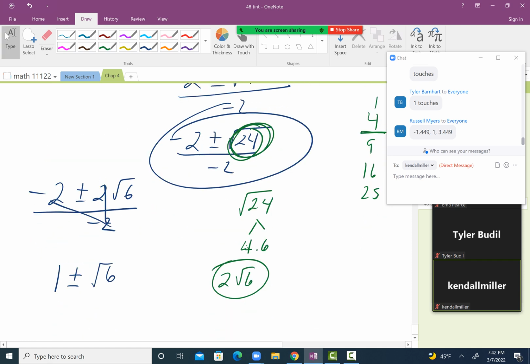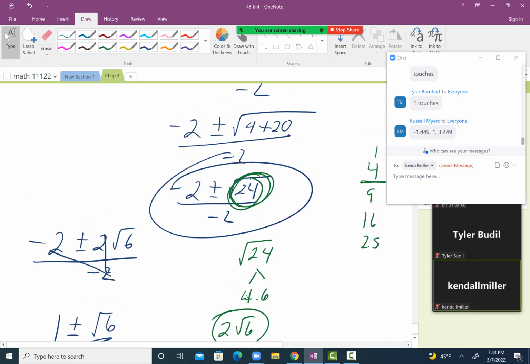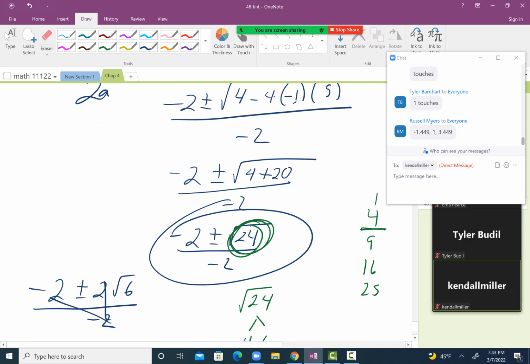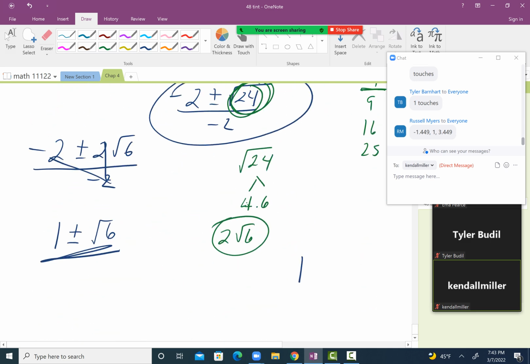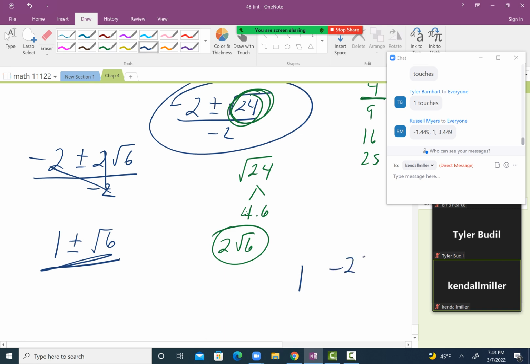No. But remember what I was telling you with the 6/8 and the 3/4. It's just a different answer. This is simplified. This one is not. Does it change anything? No. You're still going to say, here are my solutions. My solutions are 1, and negative 2 plus or minus the square root of 24 over negative 2. Those are my solutions.